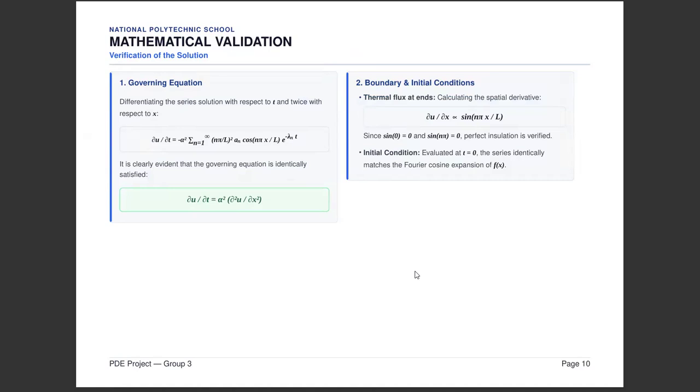Second, we verify the boundary conditions: since the derivative of the cosine function is the sine function, and sine 0 equals 0 and sine pi equals 0, both Neumann boundary conditions are satisfied. Finally, we evaluated the solution obtained at t equals 0 and recovered the original function. This confirms that the initial condition is also satisfied.